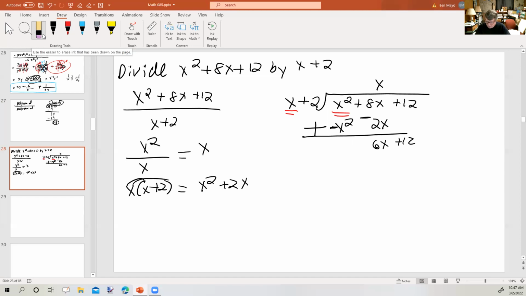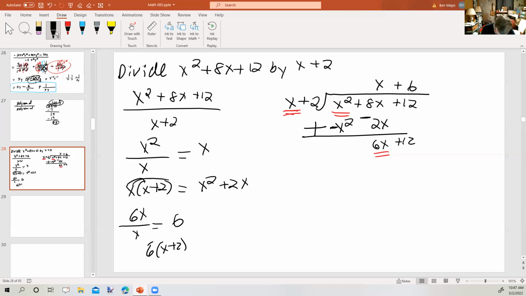Now we're going to start all over. We're going to look at the leading term inside divided by the leading term outside. 6x divided by x is 6. So I'm going to come up here and write plus 6 in the constant column. And then I'm going to take the 6 times the x plus 2 and get 6x plus 12.